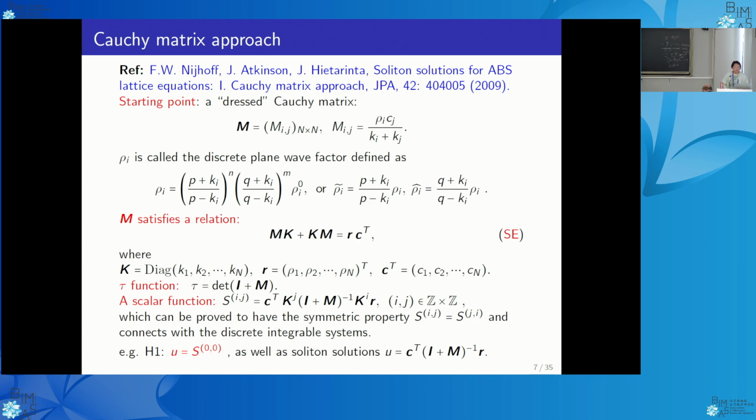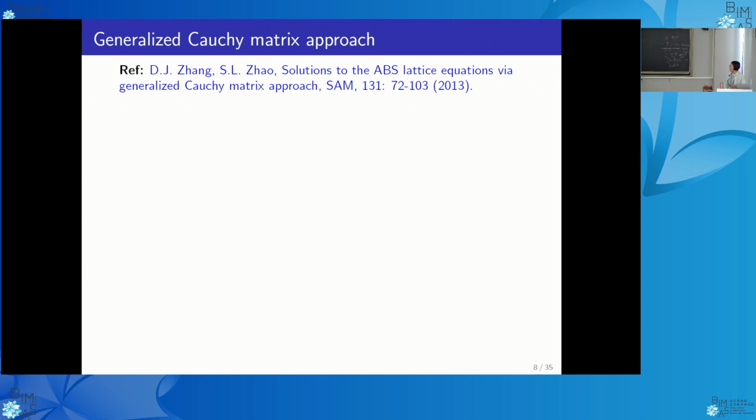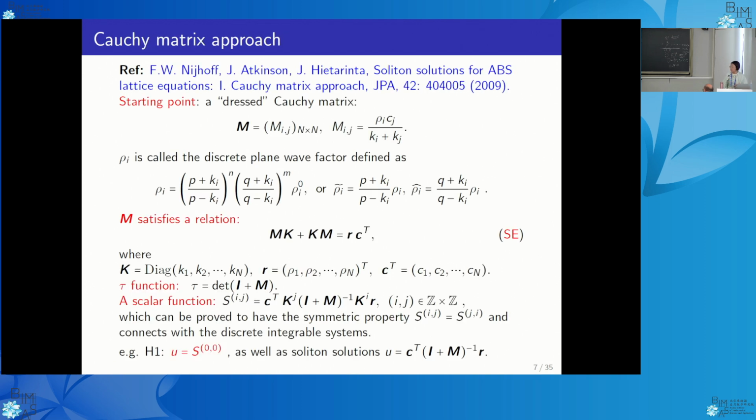Based on this work, Da-Jun Zhang and Songling Zhao considered its generic case. Here K is diagonal, but their starting point is this Sylvester equation, and K is no longer diagonal, but an arbitrary matrix.